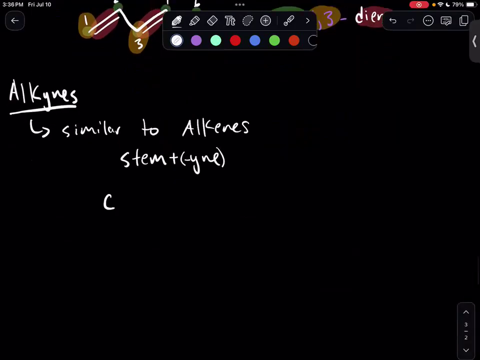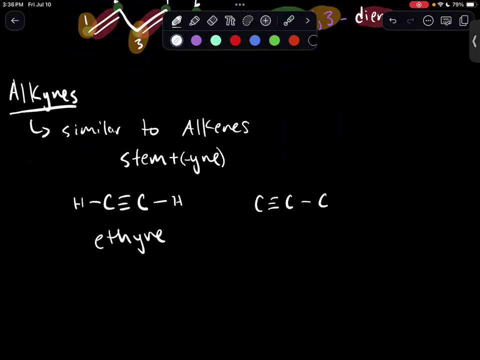So we can have carbon triple bond to carbon, and this is ethyne. We have carbon triple bond to carbon, single bond to carbon, and this is propyne.